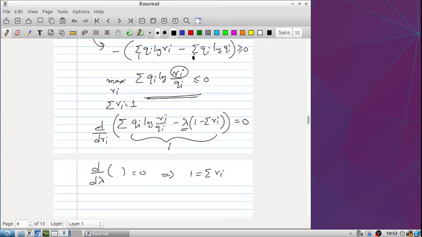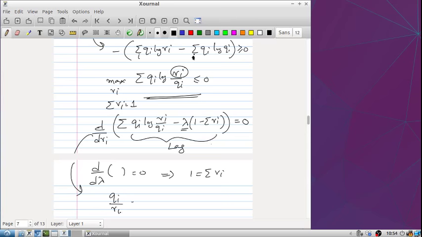This thing is called the Lagrangian. Take the derivative with respect to the variables that you want to optimize for. Take the derivative with respect to the Lagrange coefficient. Lambda is called the Lagrange multiplier. So let's take this derivative. Ri is only appearing in one of the terms. So let's say this is Qi log Ri. What is the derivative with respect to Ri?